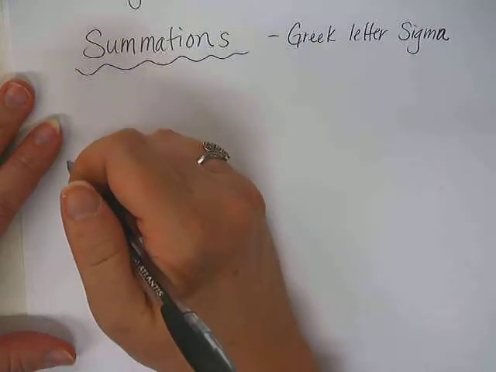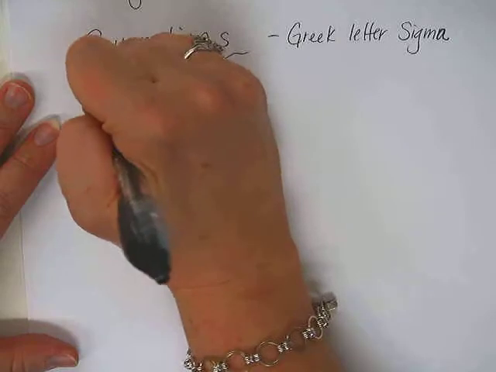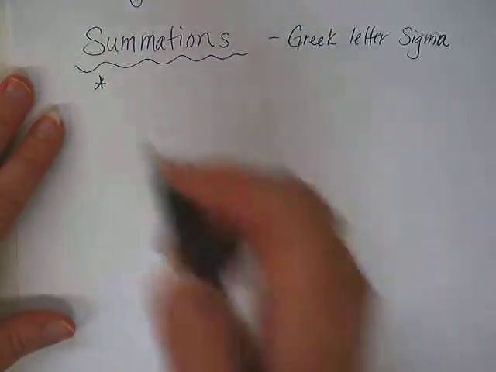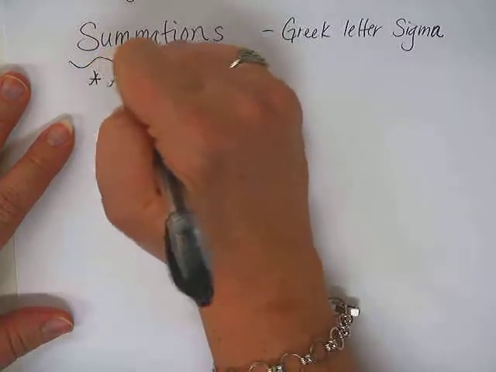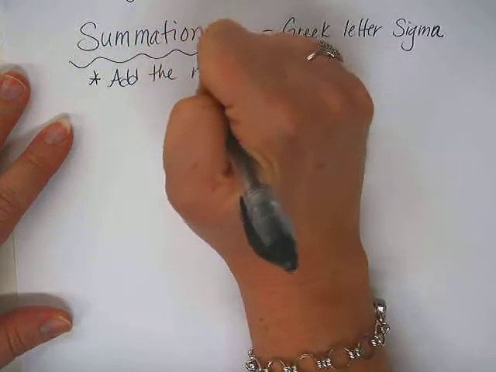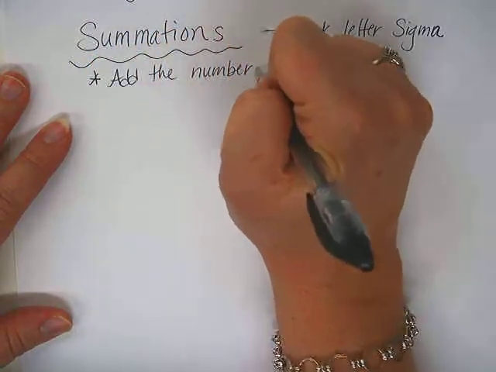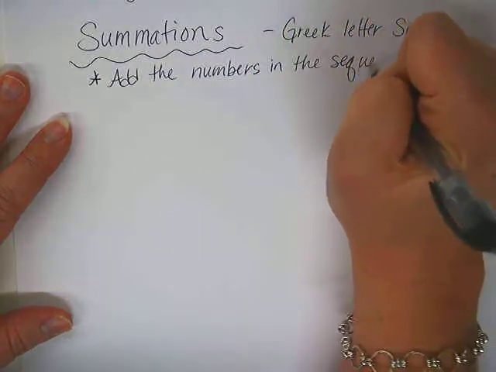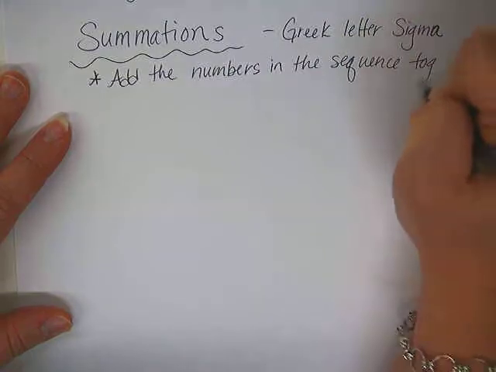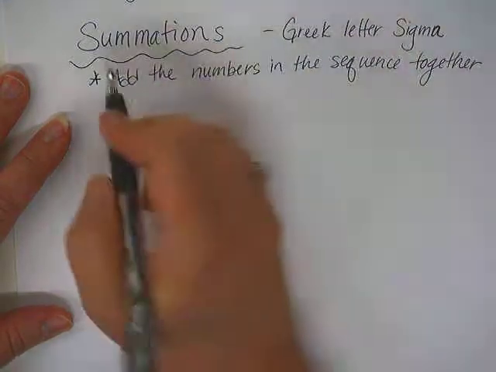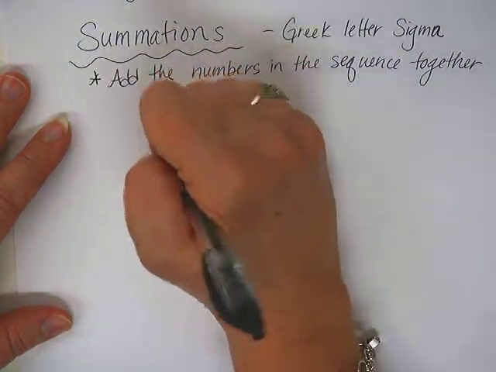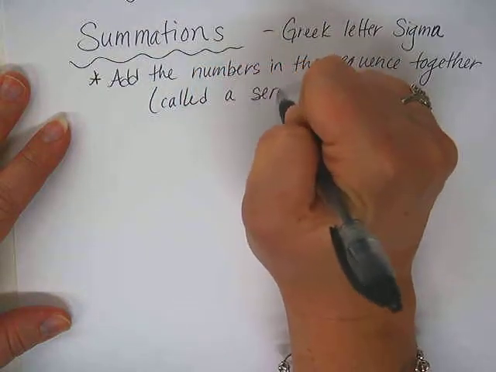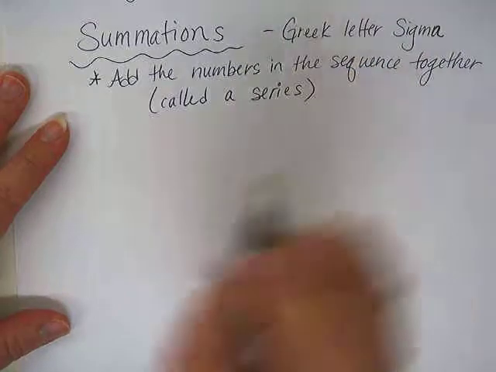You might have seen this Greek letter in the Excel program. You add the numbers in the sequence together. So we're summing the numbers, and when we do that, we call it a series.